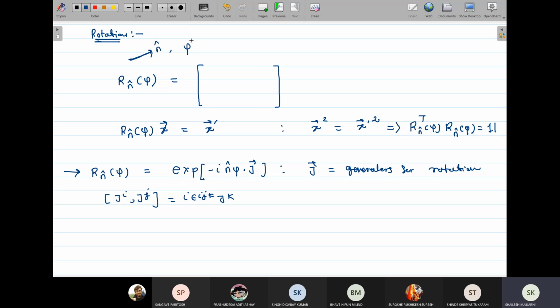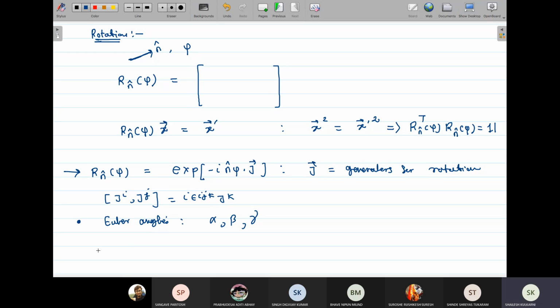But this is one way of defining the rotation. Another way of defining the rotation is through what is known as, you must have heard in classical mechanics, Euler angles. So you specify Euler angles alpha, beta, and gamma.